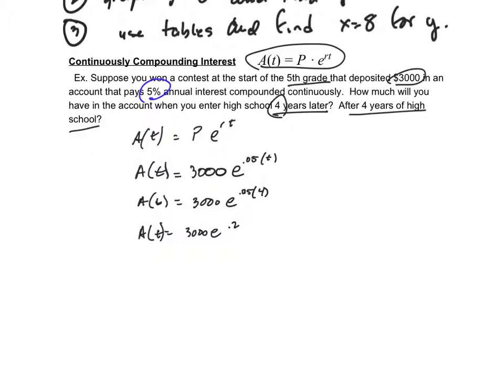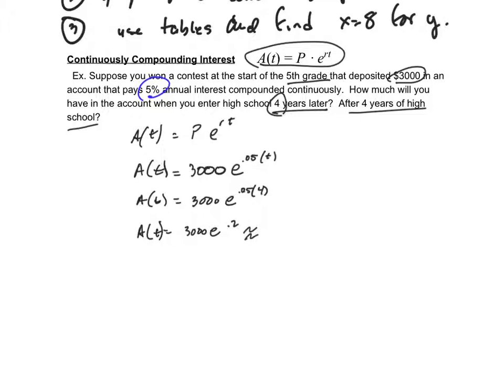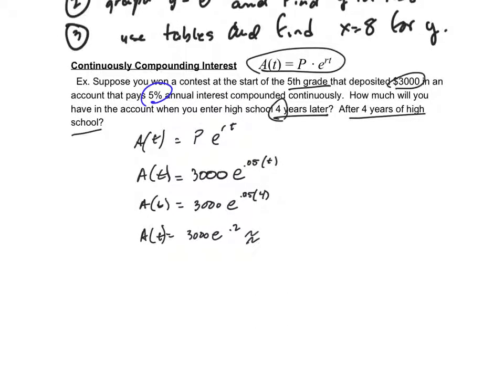And we can look in the calculator and see that after 4 years, that's approximately what you're going to find the information to be close to.